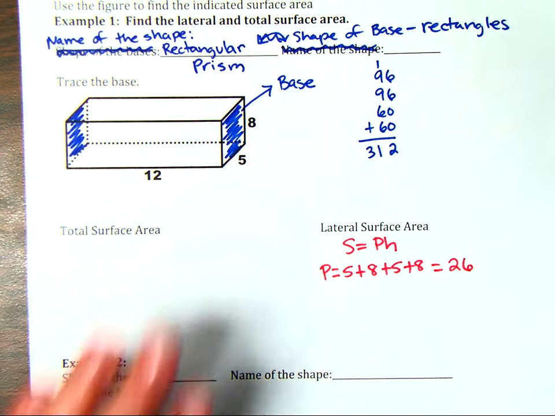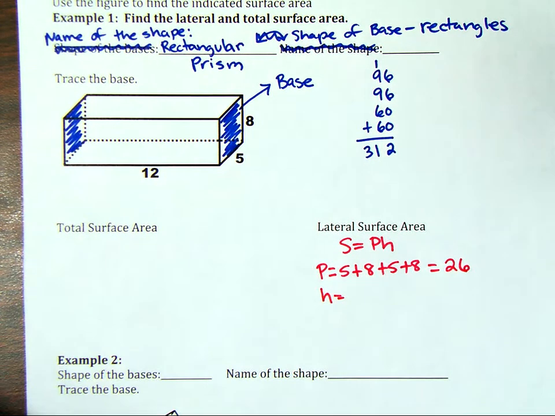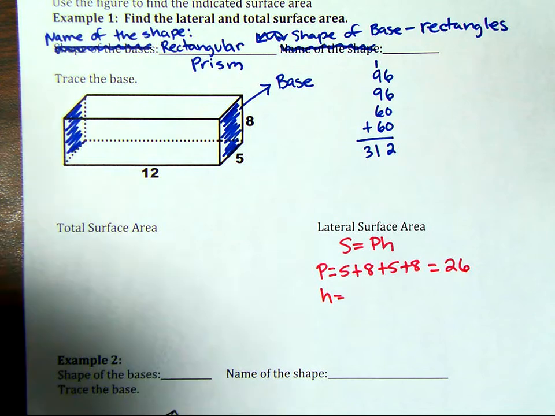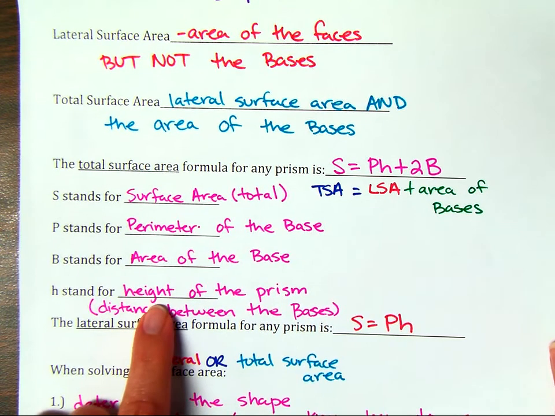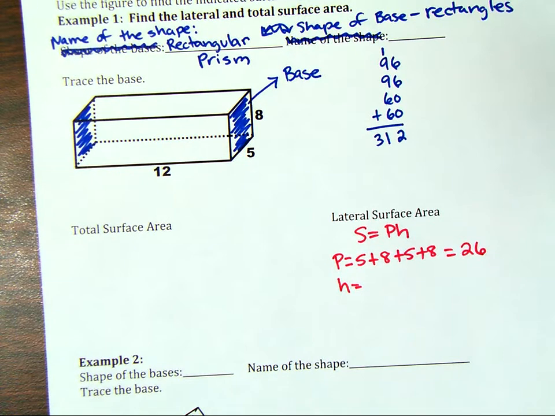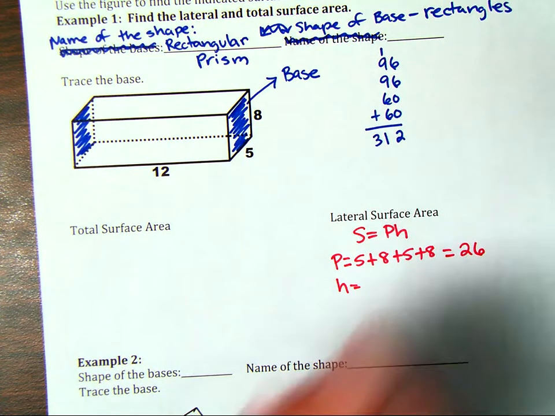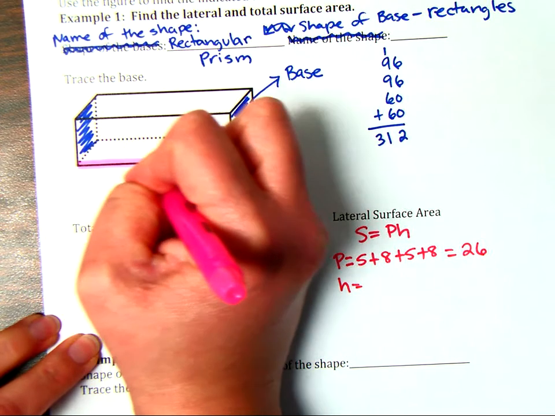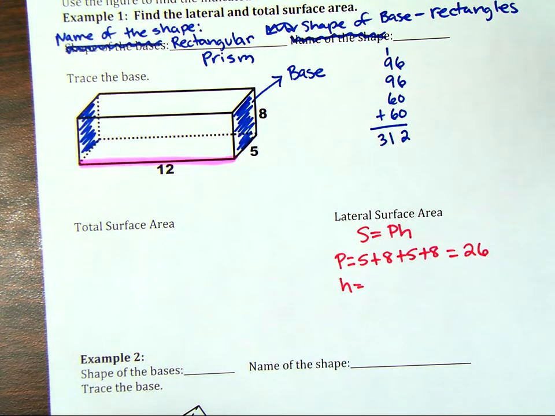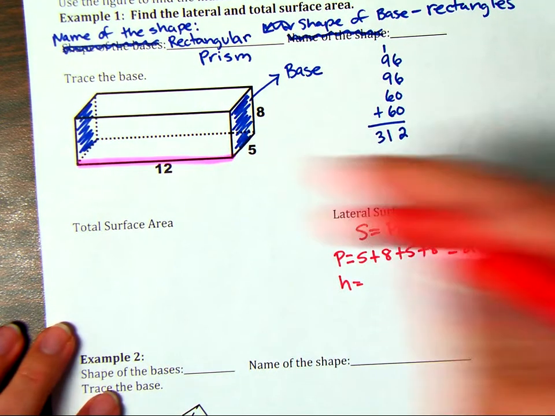Then the height, what that H stands for, is the height of the prism, the distance between the bases. What's connecting the bases is this amount right here, so that is your height.